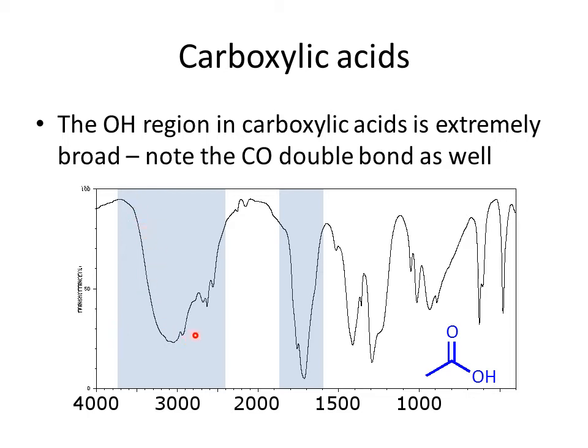It's broader and it's more around 3000 rather than the alcohols that were a little bit narrower and a little bit to the left. But we see a combination of an OH signal and a CO double bond signal, and that's indicative of a carboxylic acid.